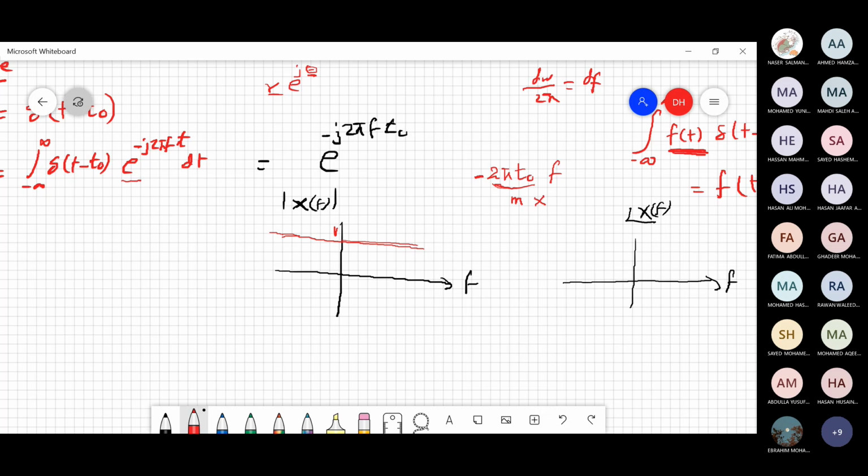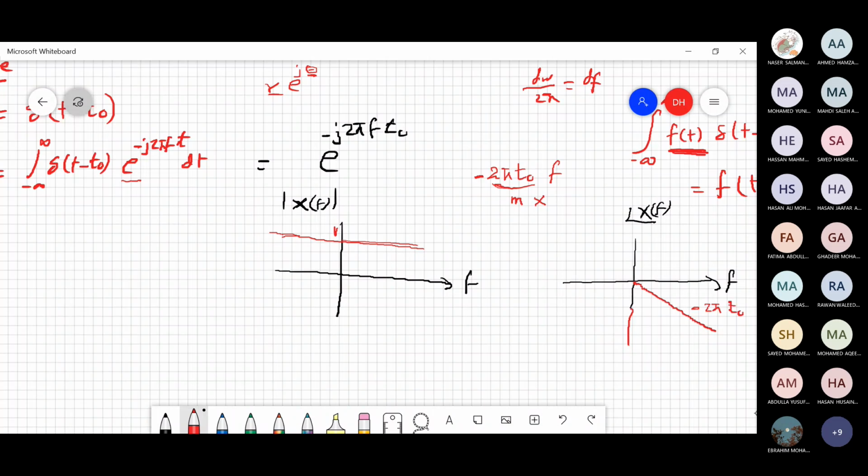Okay, so for f positive, we have a negative value here. So we have a line like this with the slope equal to minus 2 pi t naught.